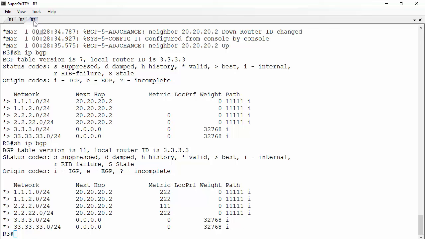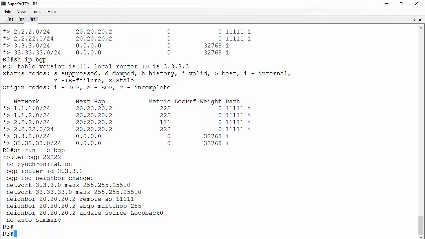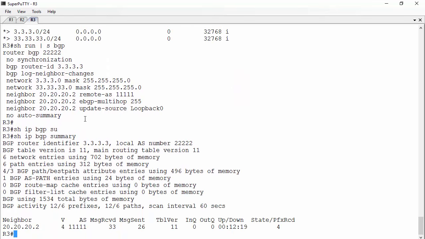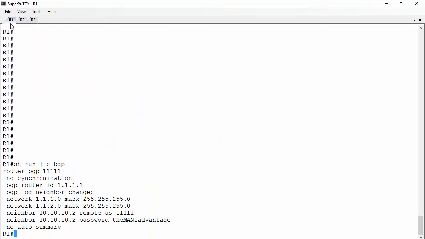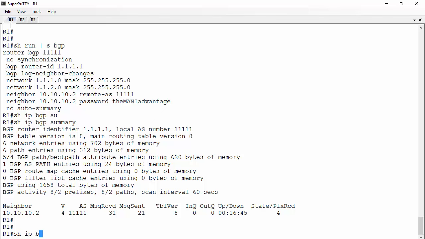Router 3, show run section BGP. And also I can type show ip bgp summary. And also I can type show ip bgp. I can see the BGP table. On router 1, I can do the same thing, show ip bgp summary, then show ip bgp.